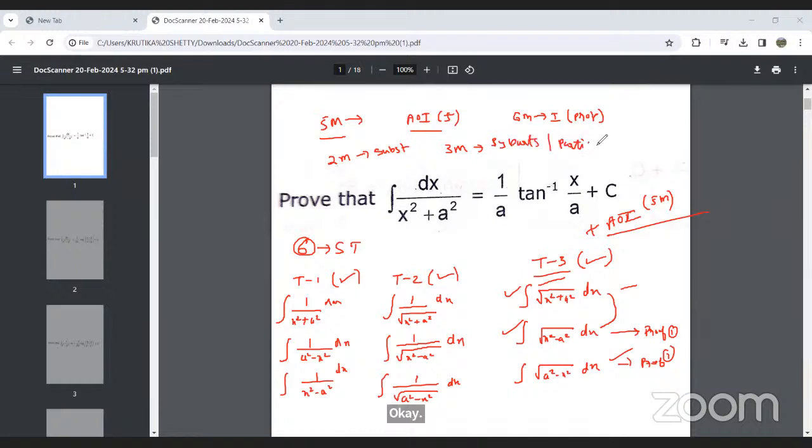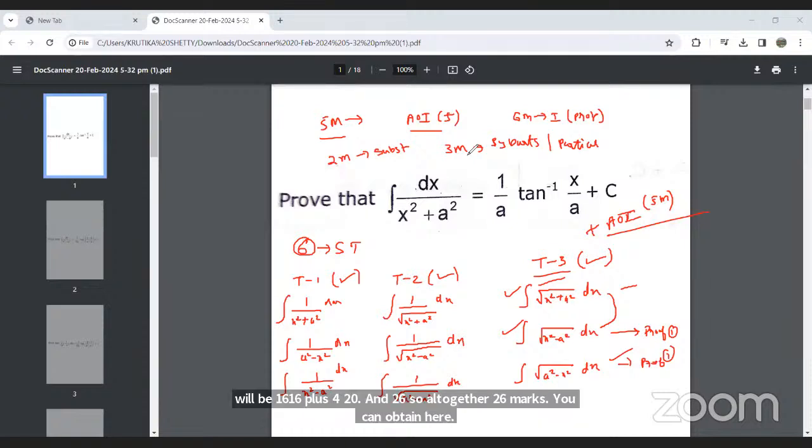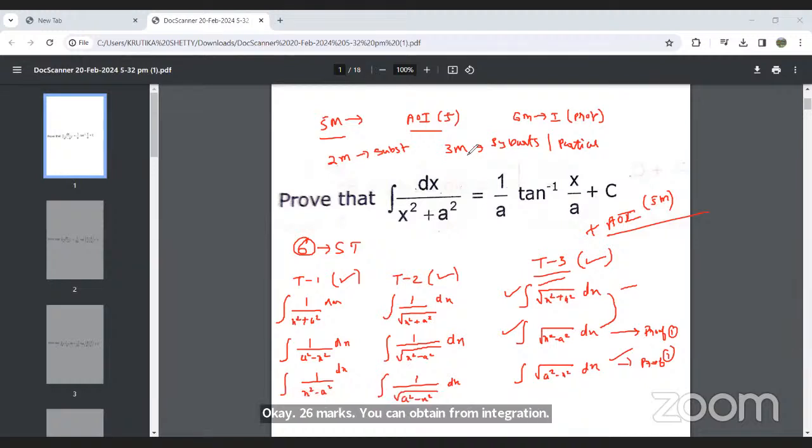If you are perfect with these, you can score about 5 marks. 5 plus 5 is 10, 10 plus 6 is 16, 16 plus 4 is 20, and 26. So altogether 26 marks you can obtain from integration itself.